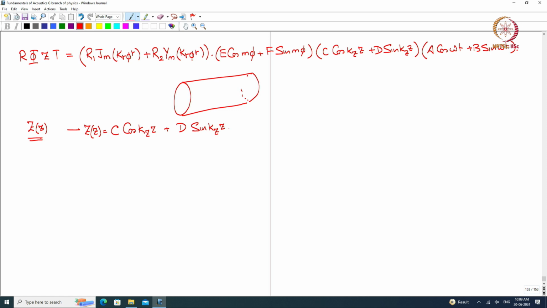Okay, so now it has to satisfy boundary conditions.